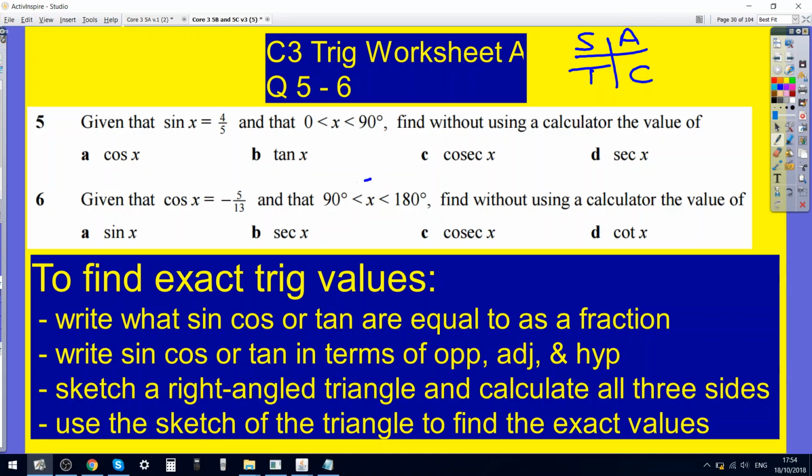Okay, and so they told us x is between 90 and 180. So where do the numbers go?